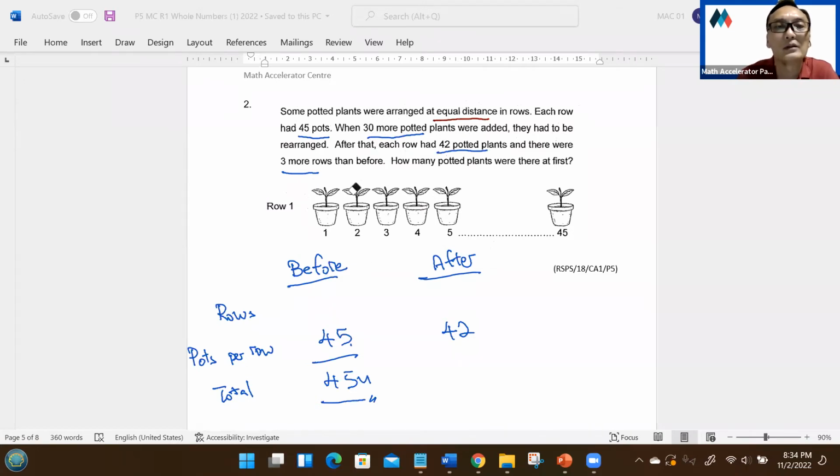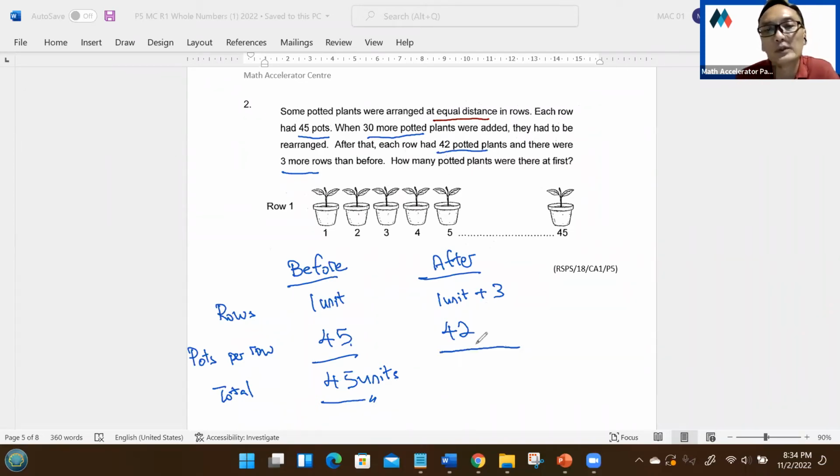Maybe that will make it clearer to you. So here we have 45 units. Now, how many more rows do we have? There are 3 more rows than before. So in other words, if we have 1 unit before, here we have 1 unit plus 3. Right? So now, yes, Verma, you're correct.